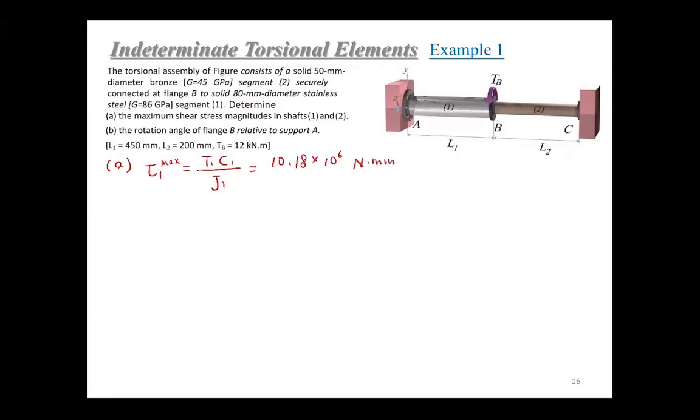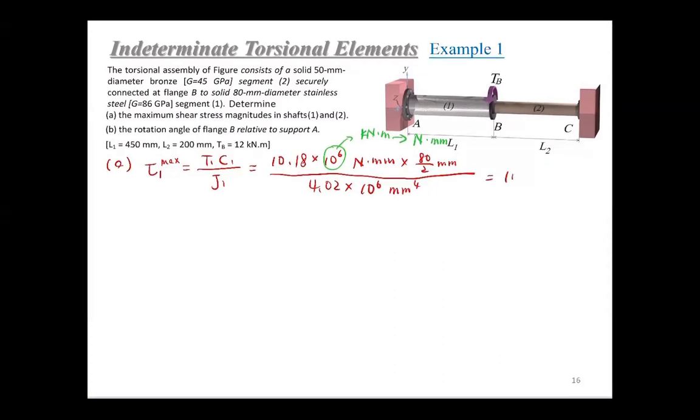Again, here we are using this parameter to convert kilonewton meter into Newton millimeter. So this one times C, which is 80 over 2, over J, which is 4.02 million millimeter to the fourth. And here you will get 101.2 MPa.